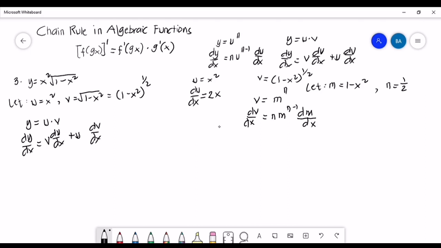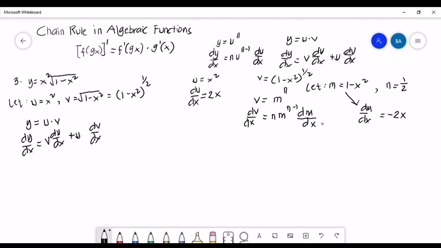Now our n is already present, this is 1 half. M is also present, which is 1 minus x squared. What we need now is the derivative of m with respect to x. So let's solve for dm with respect to dx, which is equal to negative 2x, since 1 will become 0.